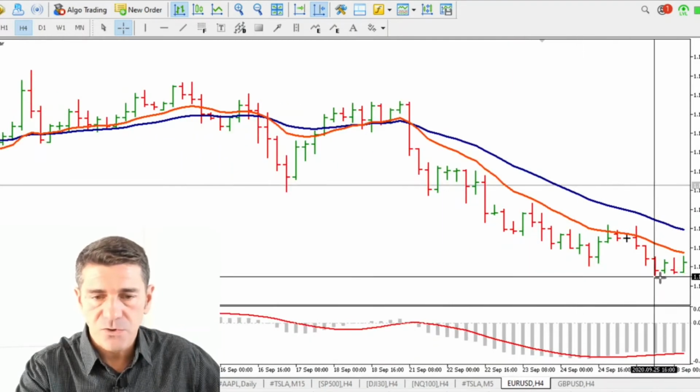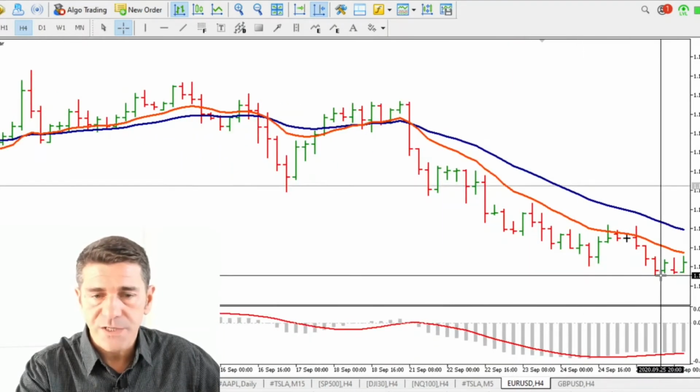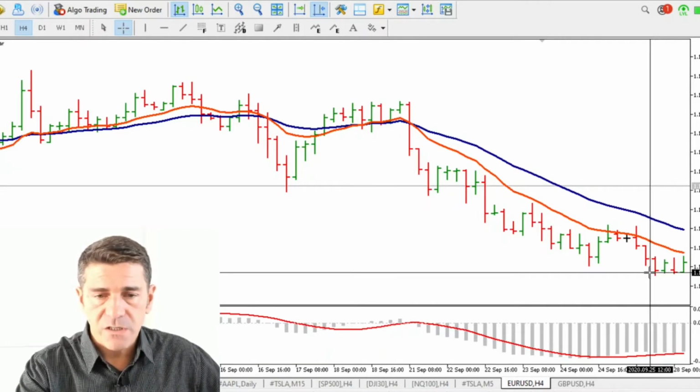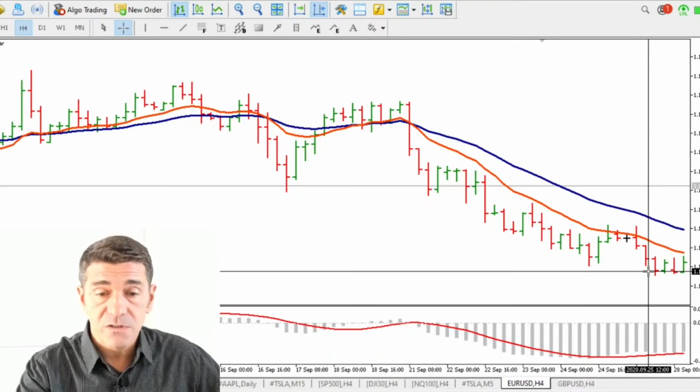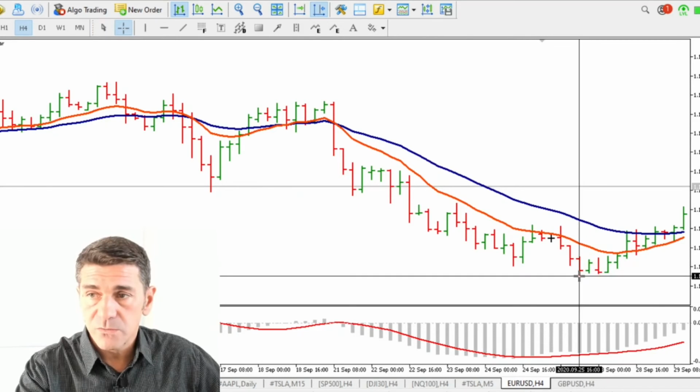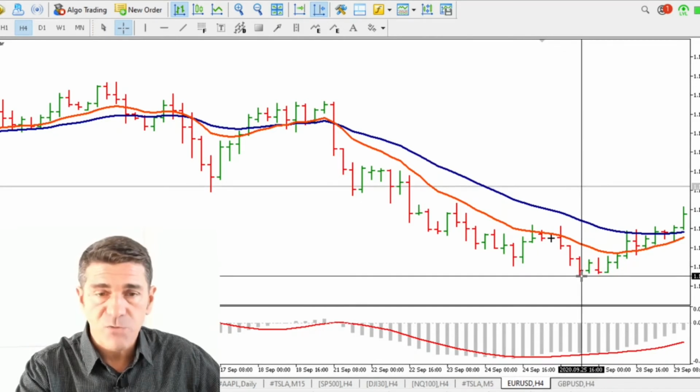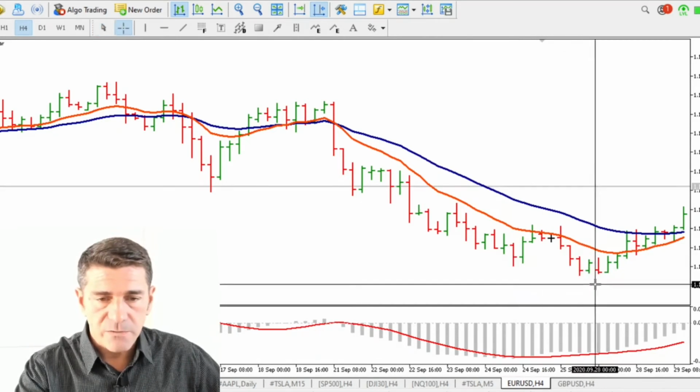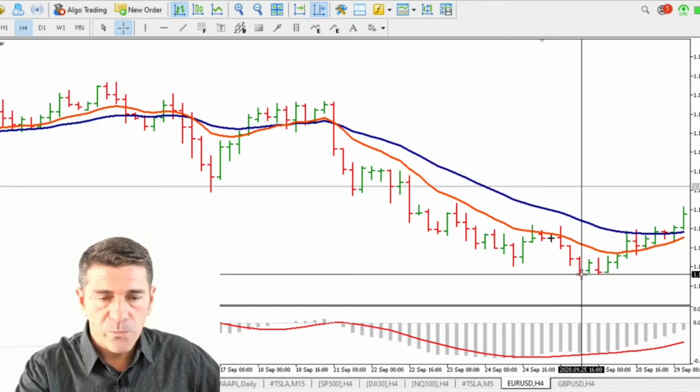It continues to go in this direction. The bears are the strongest participant in the market, but this continues until this moment. Take a look right here between these two low prices.